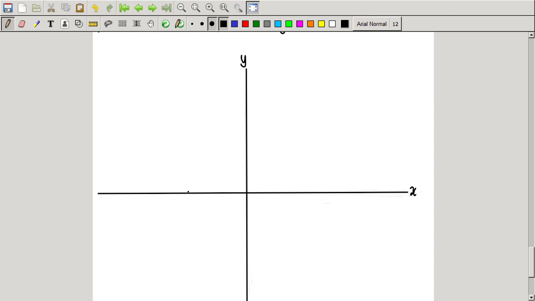So we know that our turning point is at 0 and 2, and we know that one of our x-intercepts is at -1. Our other one is at 1.